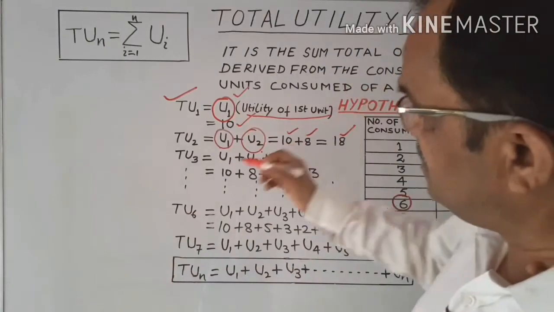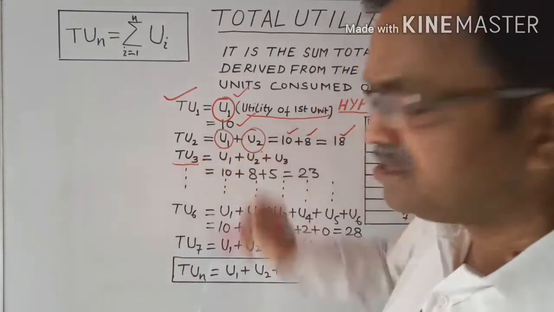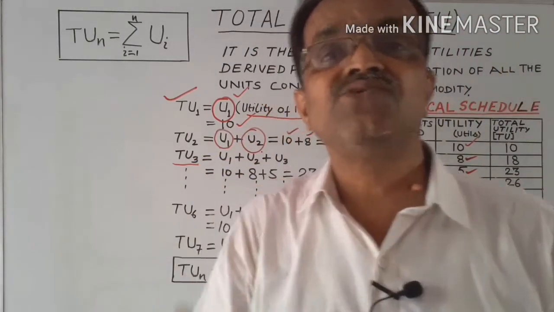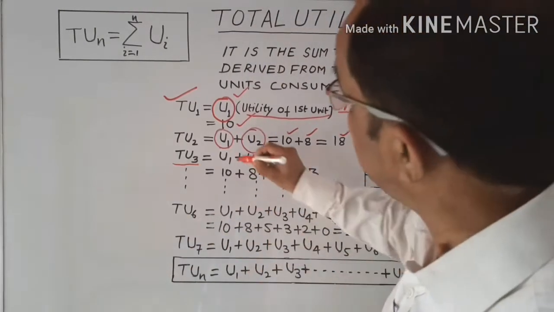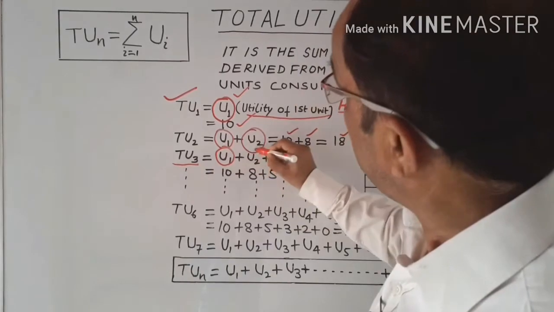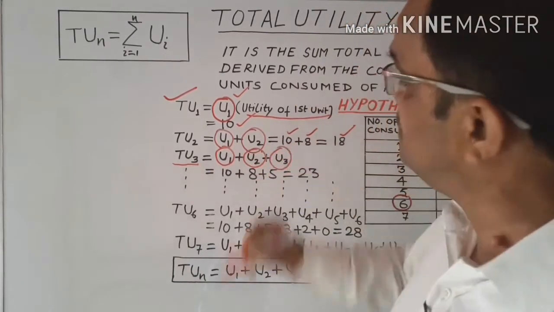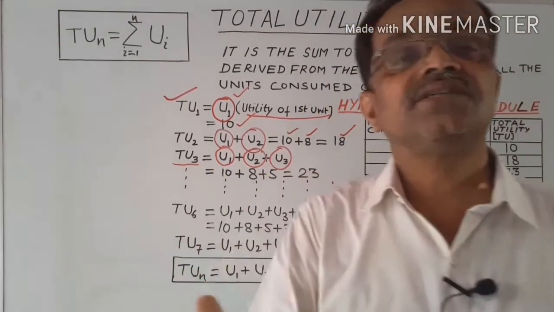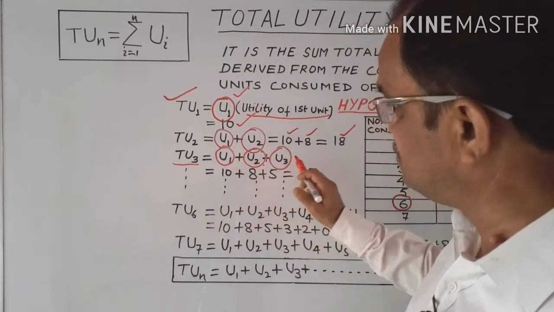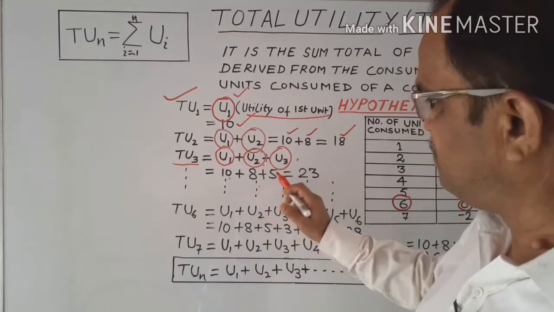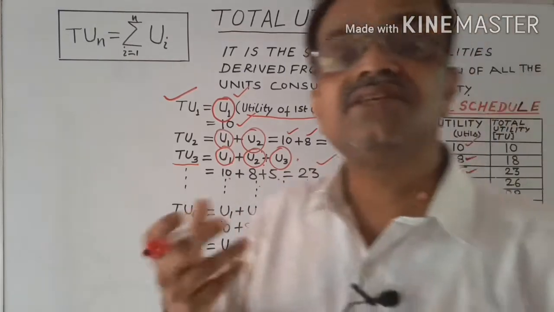And similarly, if the consumer is to calculate the total satisfaction of 3 units of consumption of that commodity, then what would we do? Add all the 3 satisfaction levels of the 3 successive units of consumption, that is first unit, second unit and third, that is 10 plus 8 plus 5, that is 23 utils.